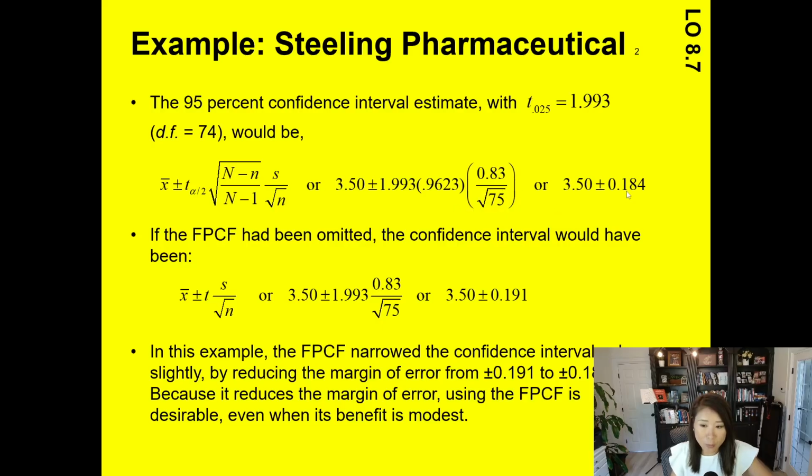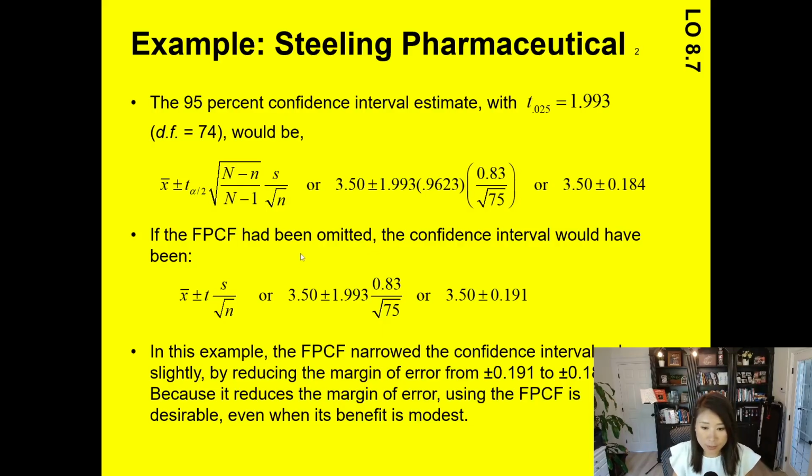When we choose the minus sign, that gives the lower boundary. If we pick the plus sign, that gives the upper boundary. This is going to be the more accurate confidence interval since we consider the population as finite.